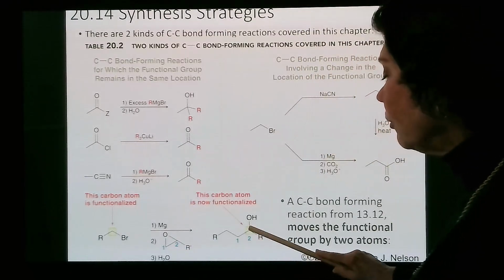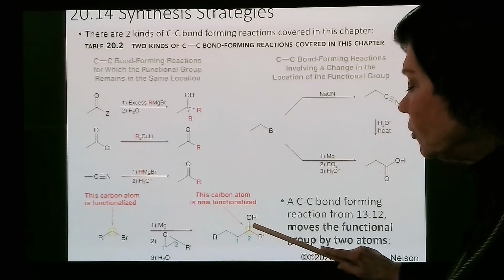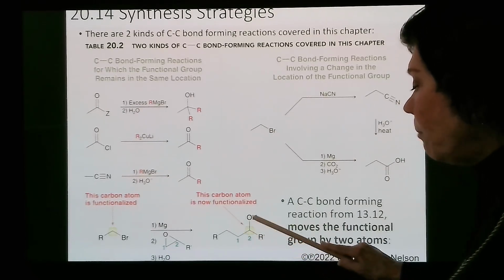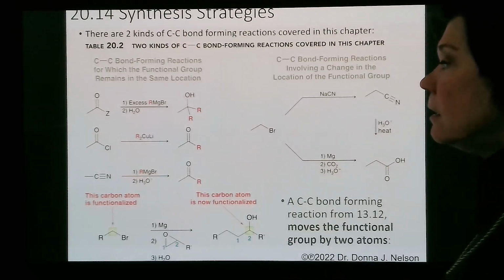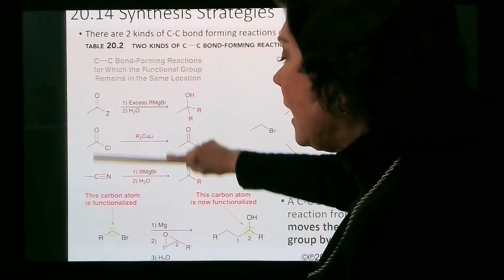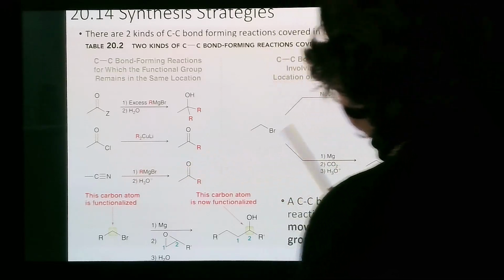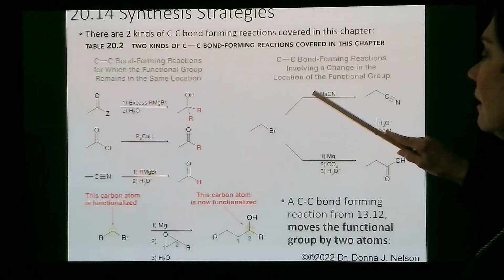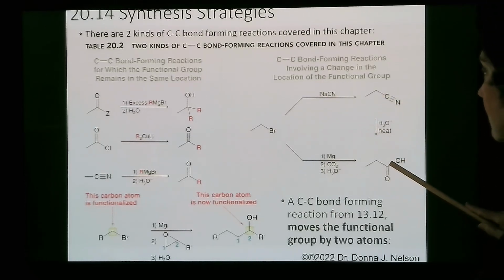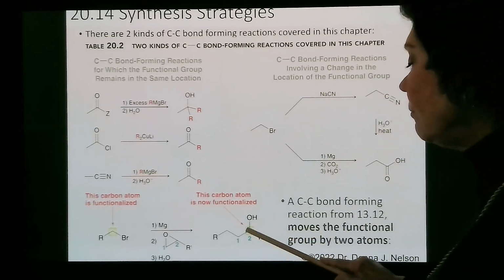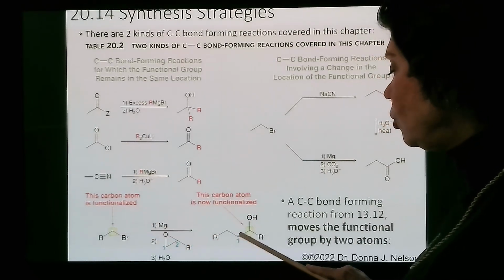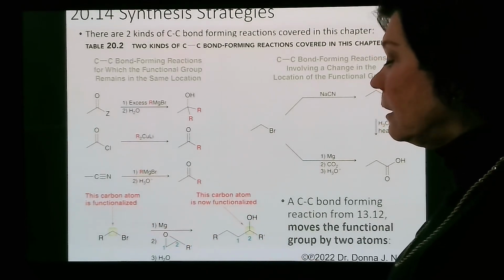So the point at which the carbon skeleton is going to be further elaborated is moved over by 2 carbons. So here, the elaboration stays on the same carbon throughout. In these, the elaboration is moved over by 1 carbon, and here the elaboration is moved by 2 carbons.